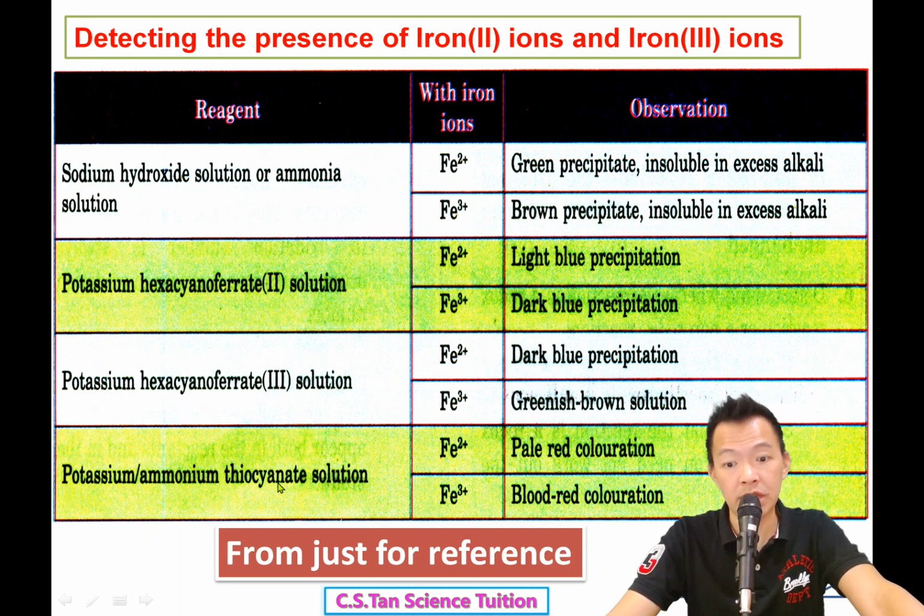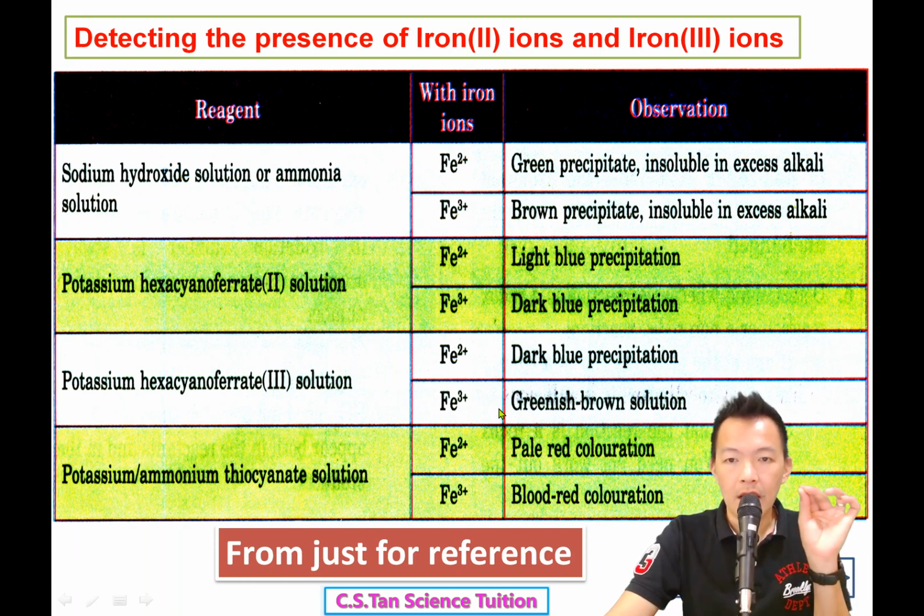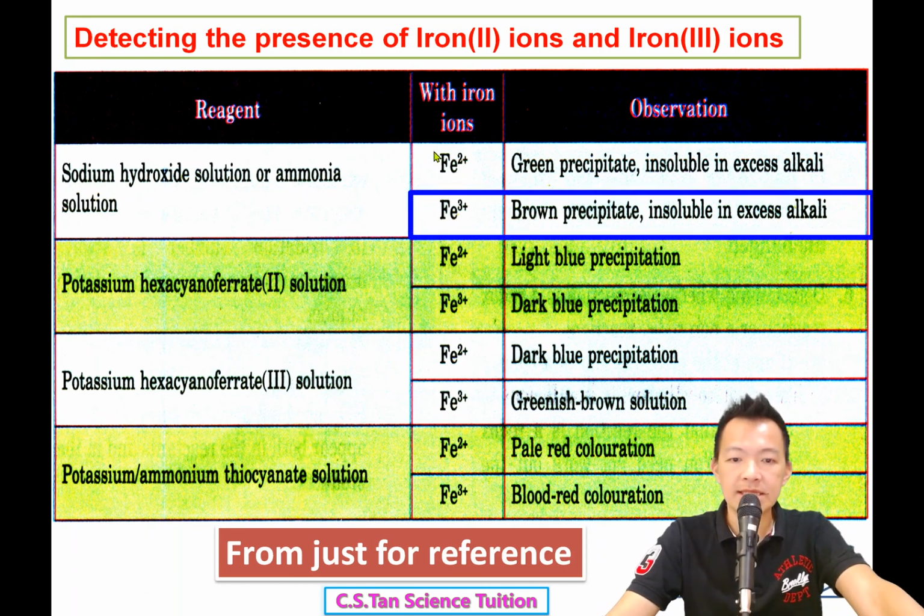Still remember potassium thiocyanate? That is last year's bloody story, the blood test. But today I prefer only one, the most common test for iron 3, using sodium hydroxide. You add sodium hydroxide, it will become brown color precipitate.